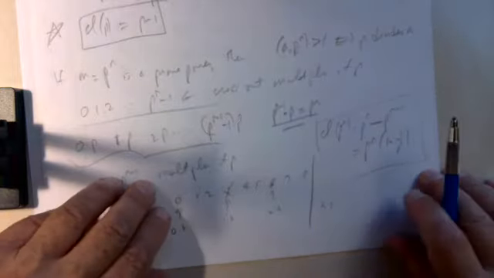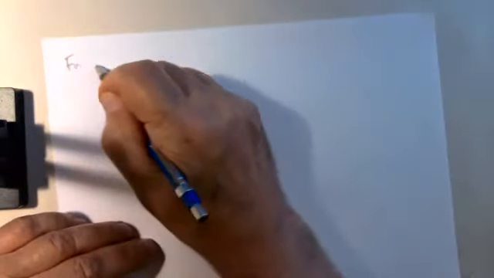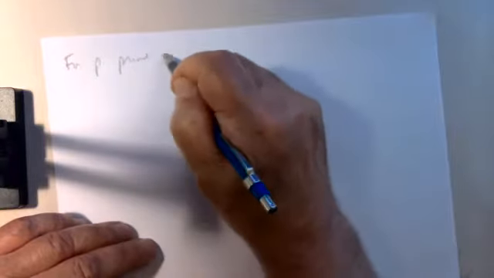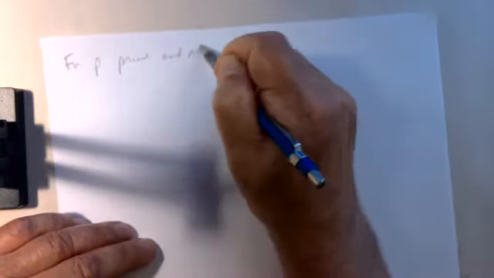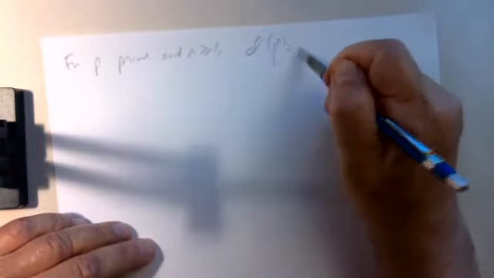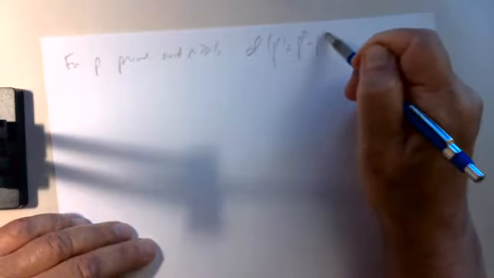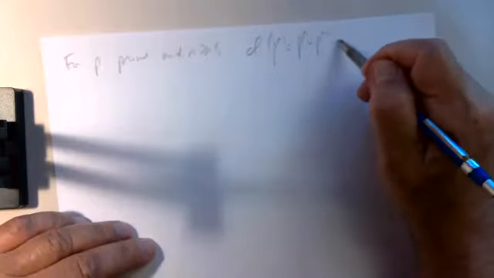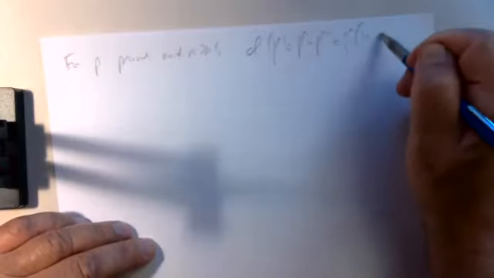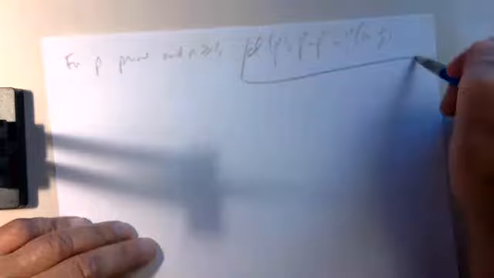So we actually now have a formula for the value of the Euler phi function at a prime power. So for p prime and r greater than or equal to 1, phi of p to the r is p to the r minus p to the r minus 1, which is p to the r times 1 minus 1 over p.